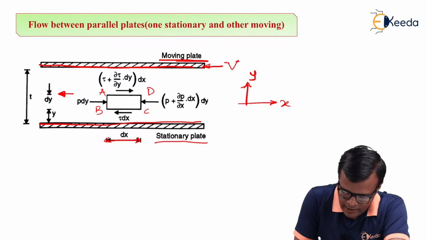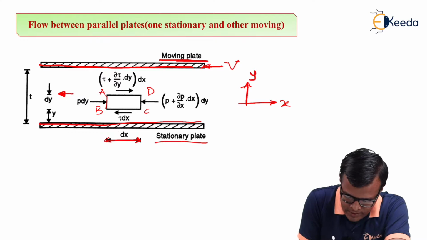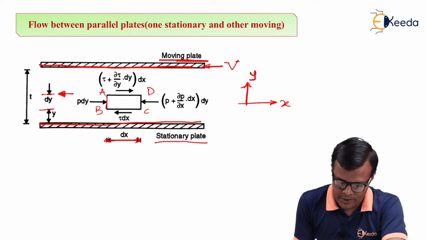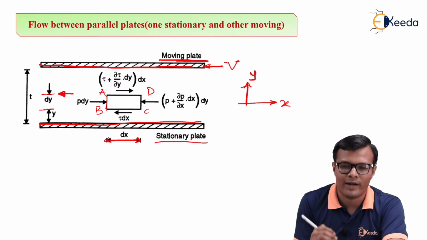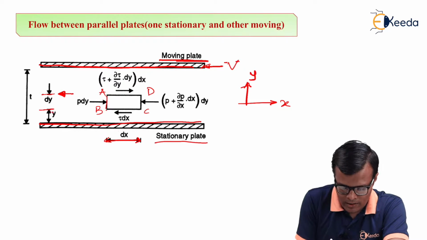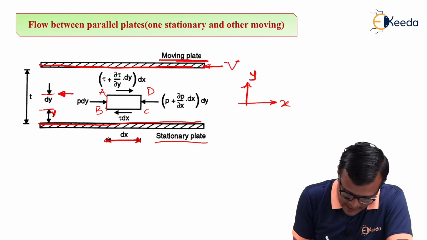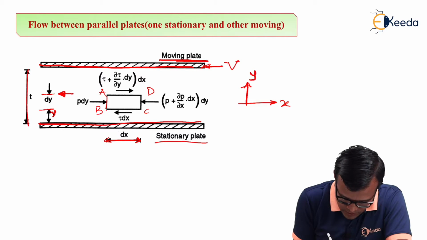The height of the element is dy, and this point B is located at distance y from the stationary plate. So the thickness between the plates, that is this gap, is nothing but small t.